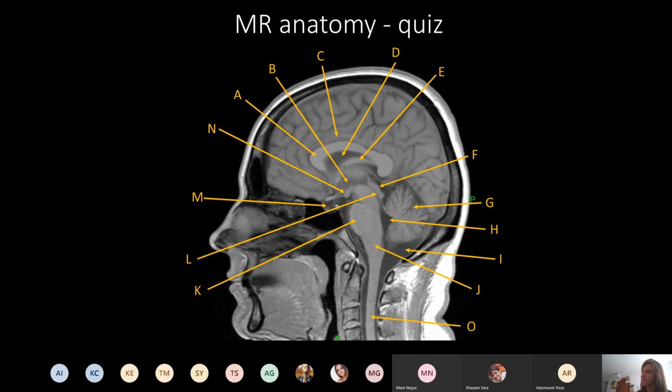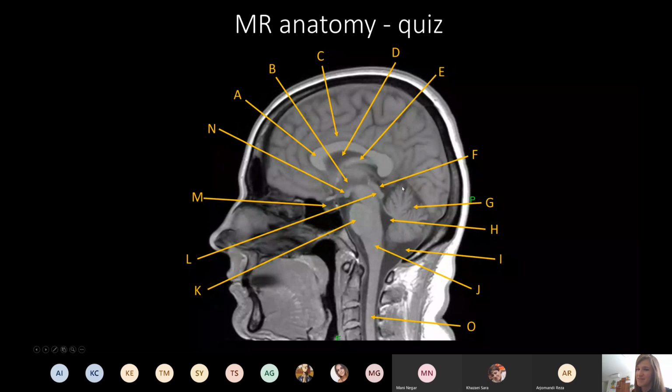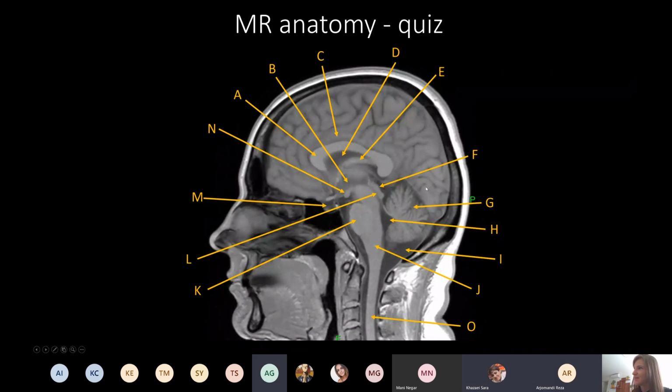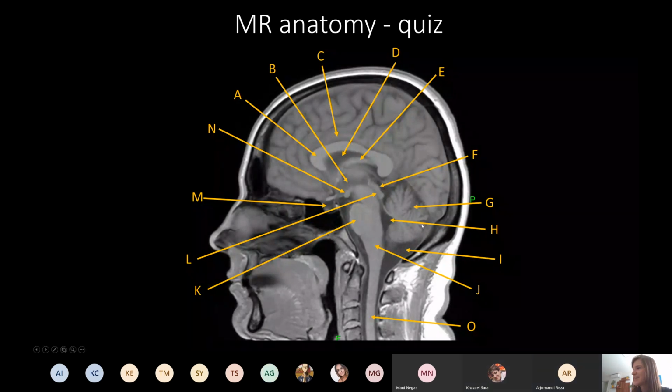E. The fornix. Okay. F. Quadrigeminal plate. Yes, correct. G. Cerebellum. Yes. H. Fourth ventricle. Yes.